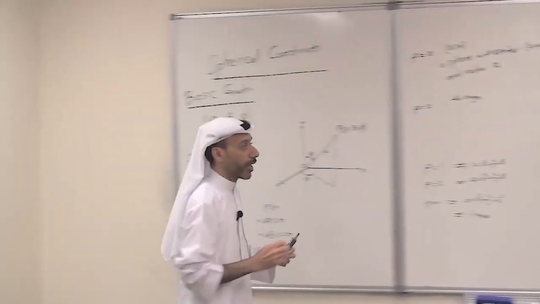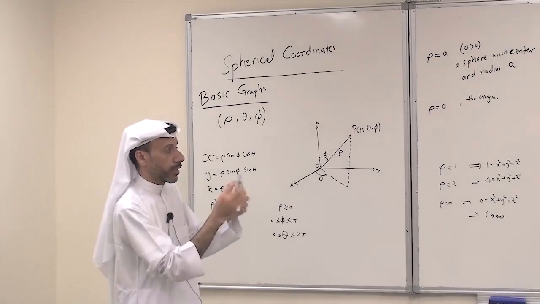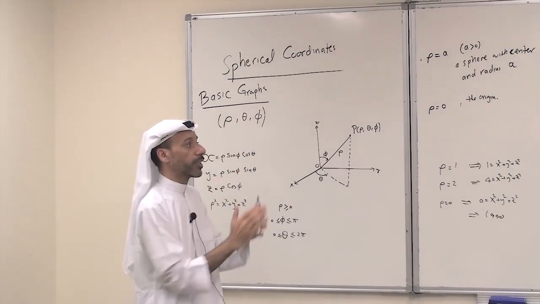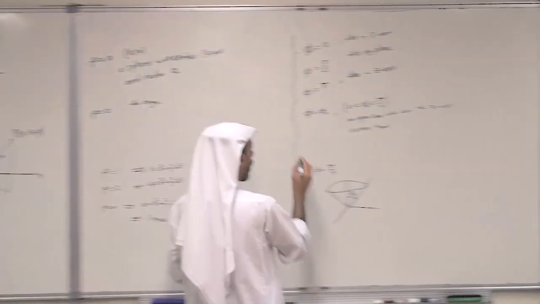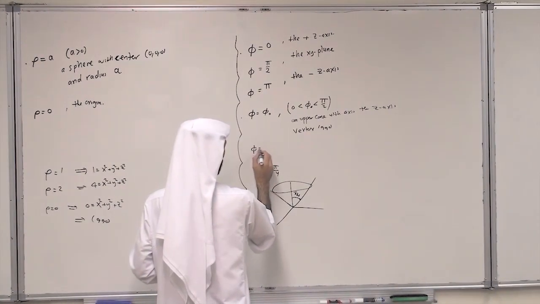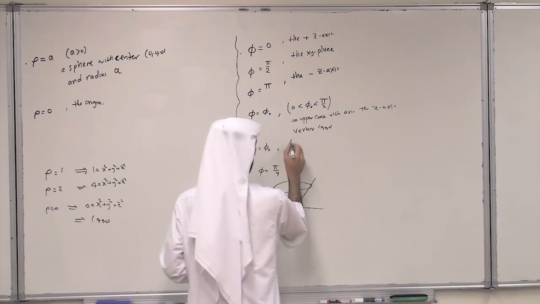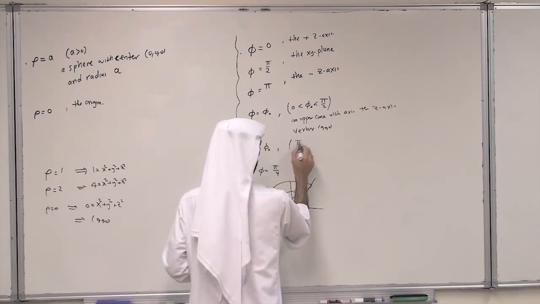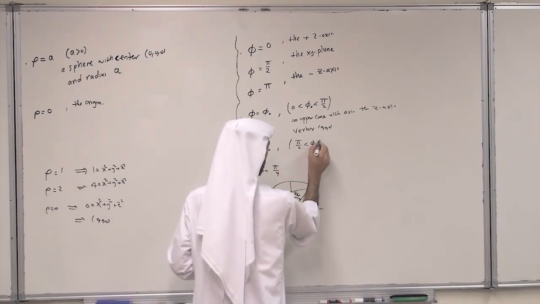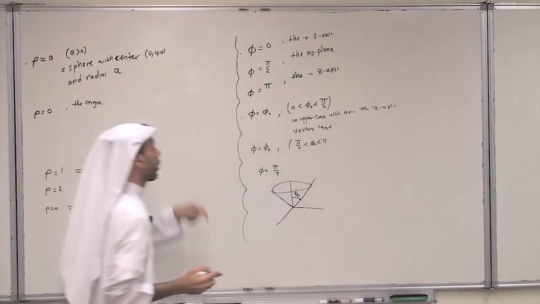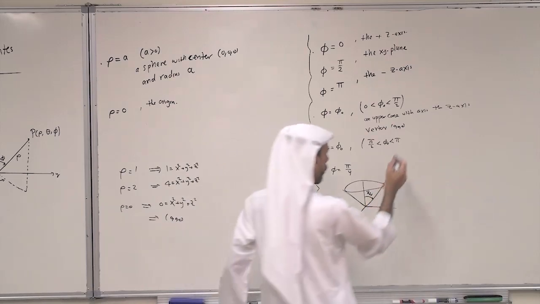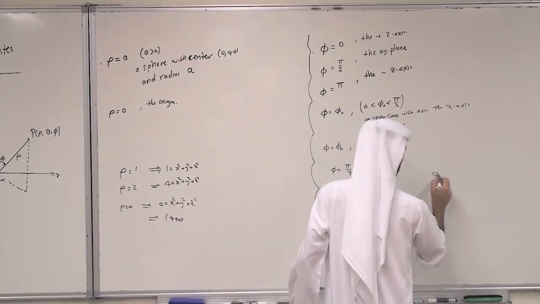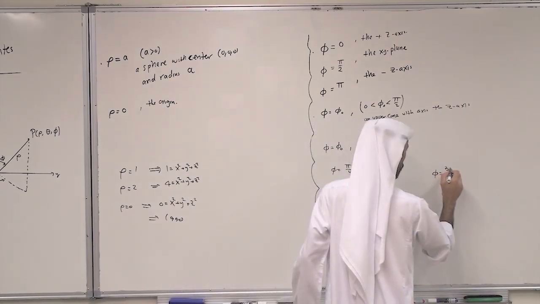This is if the angle phi is between 0 and pi over 2, we get an upper cone. What about if phi equals phi 0, but now phi 0 is between pi over 2 and pi? For example, if you take phi equals 3 pi over 4.